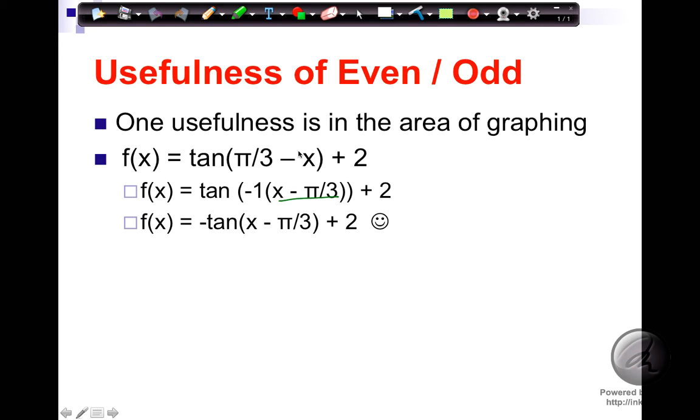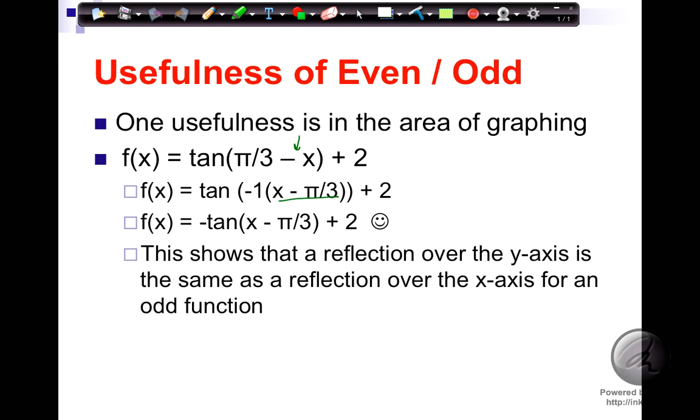So that actually shows that this minus x, even though it's a reflection in the y-axis, since this is an odd function, it also is a reflection in the x-axis. And that's the statement that I just made there. So that could be handy if you had a problem like that and you didn't like the look of pi thirds minus x. You could rewrite it using your even and odd identity to make it look like x minus pi thirds.